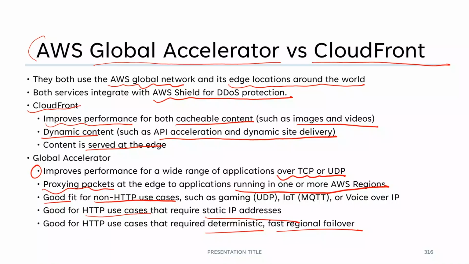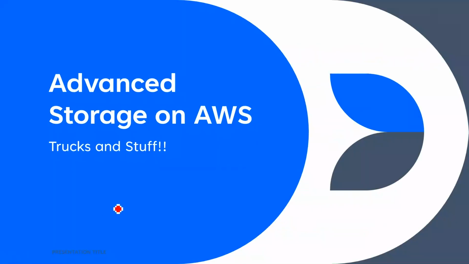If your requirement is TCP or UDP traffic, Anycast IP, you don't want your IP to change, or non-HTTP use cases like gaming applications, UDP, IoT, MQTT, messaging services, you will use Global Accelerator. This is how you differentiate between questions regarding Global Accelerator and CloudFront. Very, very important, guys. All right, let's move forward.